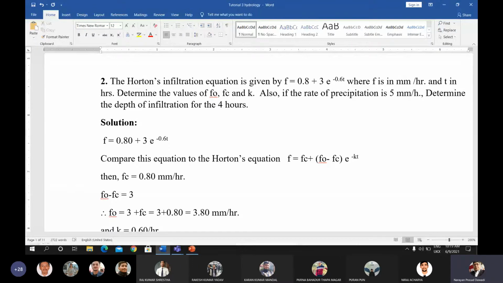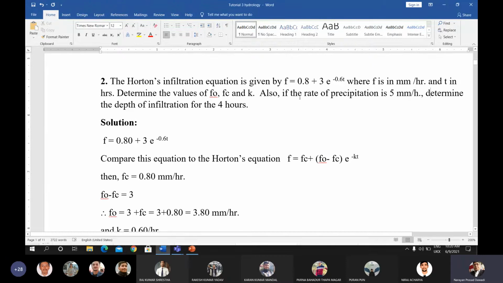Also, if the rate of rainfall is 5 mm per hour, determine the depth of infiltration for the 4 hours.